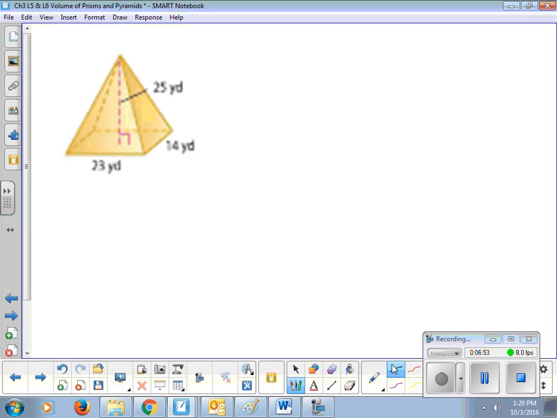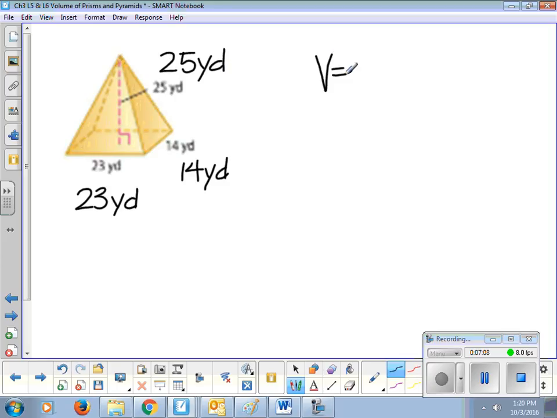Okay, for our next question, some of these are hard to see. This base is 23 yards, we have 14 yards, and the height is 25 yards. So if you wanted to try solving this one using our other method, volume equals 1/3 length times width times height. My length is 23.